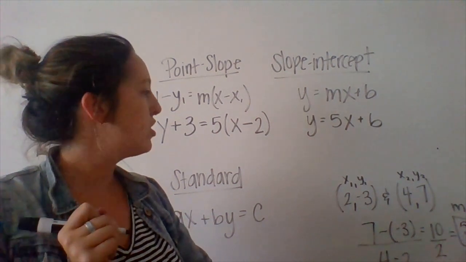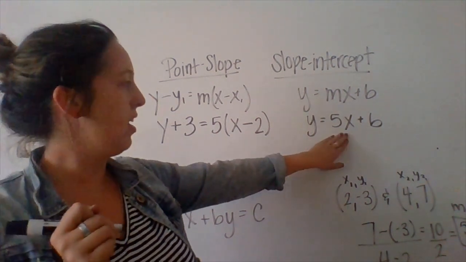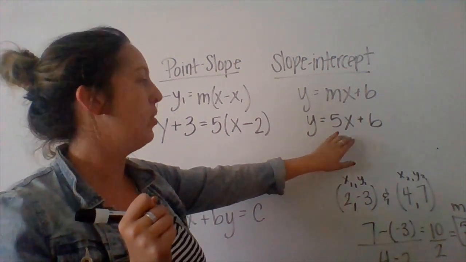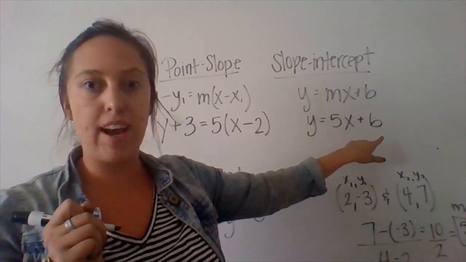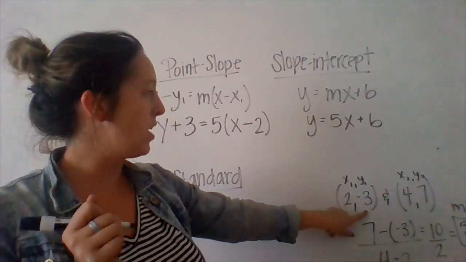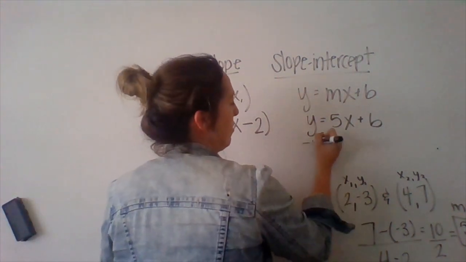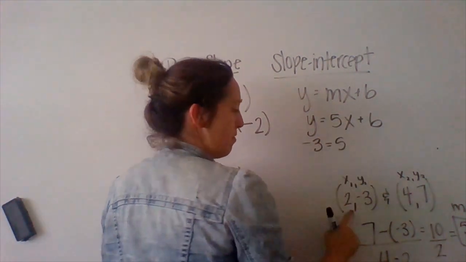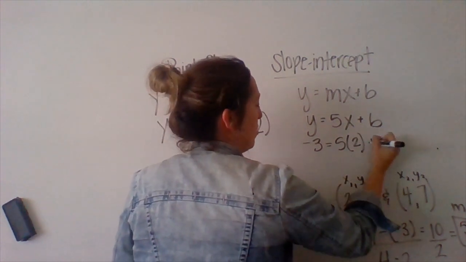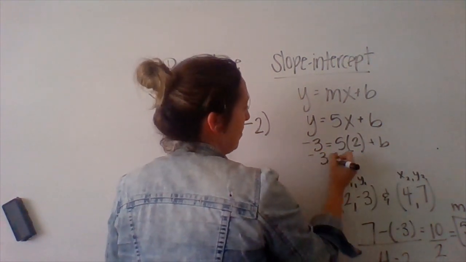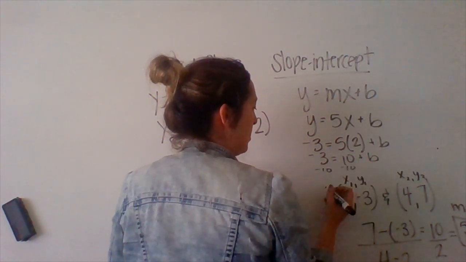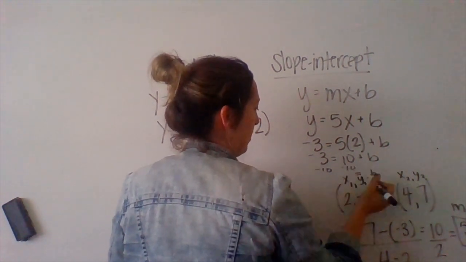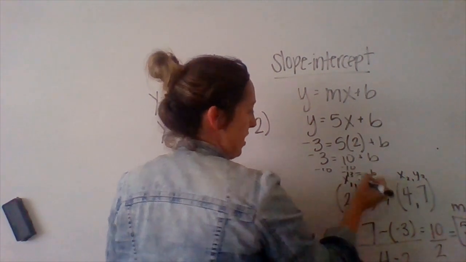Okay, so here, we are going to use one of my points as x and y in order to find what b would be. So I'm going to use x1 and y1. So my y1, negative 3, equals 5 times my x1, 2, plus b. So I have negative 3 equals 10 plus b. Subtract 10. So I get b equals negative 13.